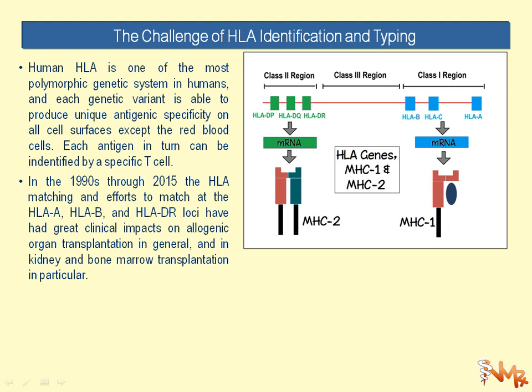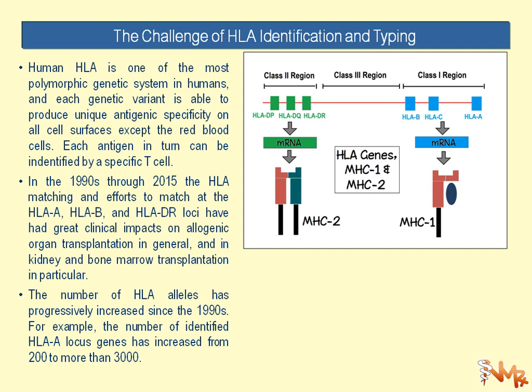The number of HLA alleles has progressively increased since the 1990s. For example, the number of identified HLA locus genes has increased from 200 to well above 3,000, and the number is increasing on a monthly basis.